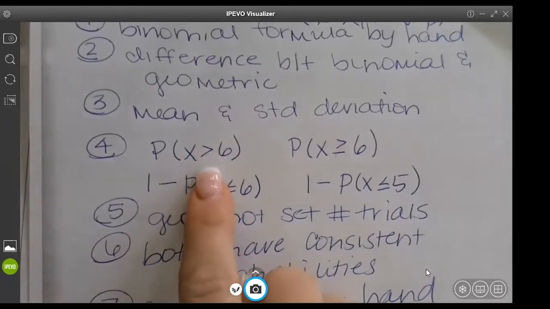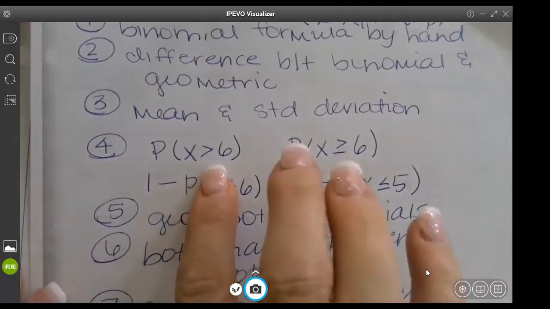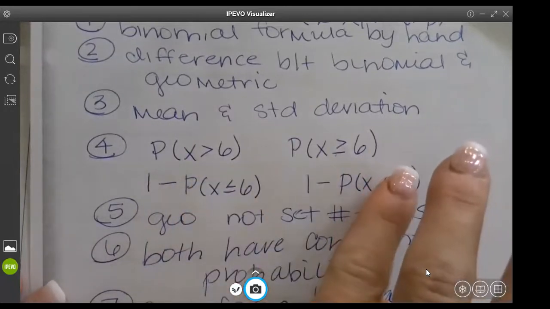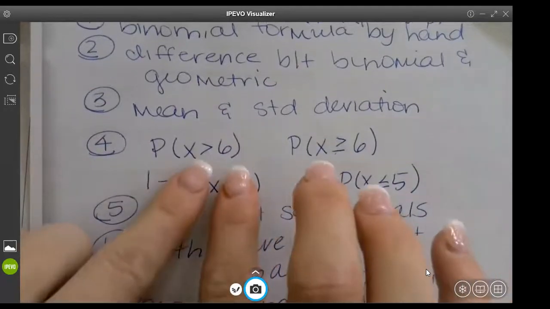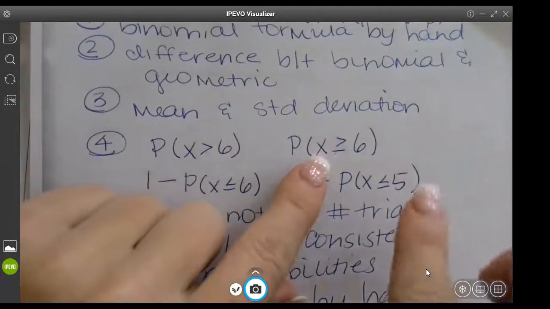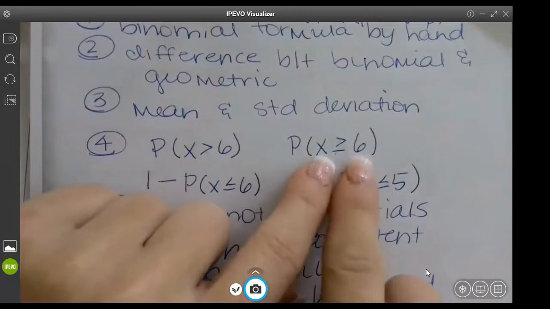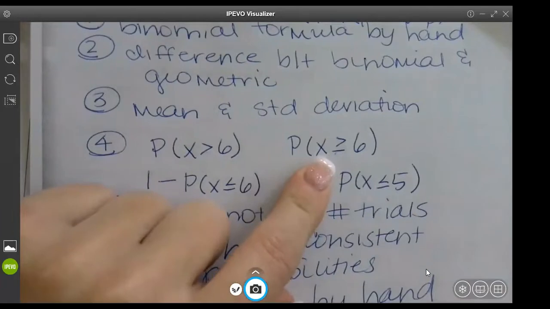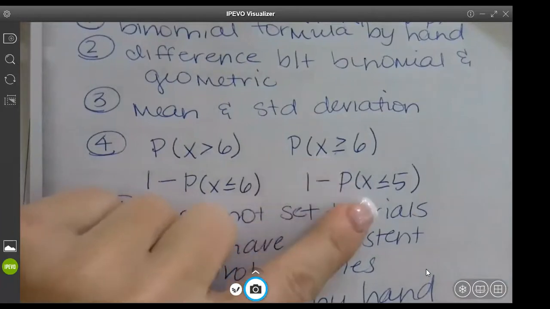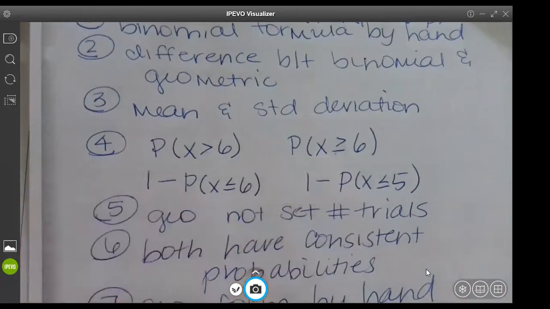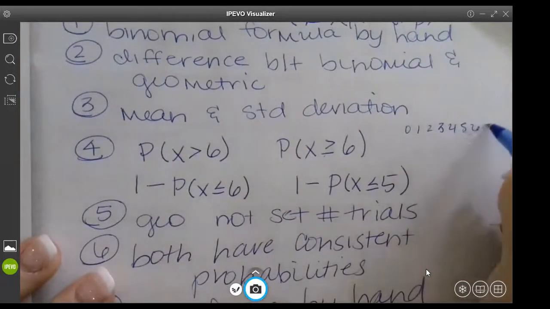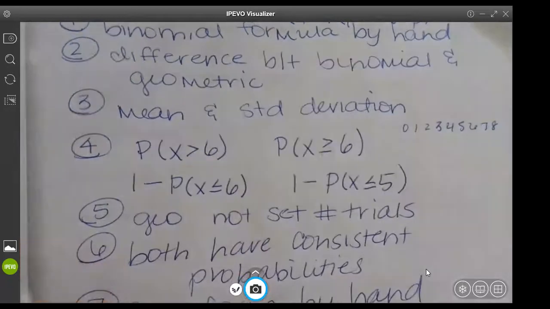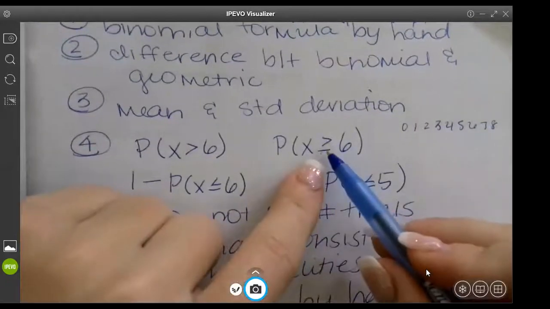So on this one, if it's greater than six, hold on, let me go to this one. Okay. Greater than or equal to six, we're going to include six and everything bigger than six. So we're going to cut out anything less than that. So if I draw it, 0, 1, 2, 3, 4, 5, 6, 7, 8, and so on, I want everything greater than or equal to 6.